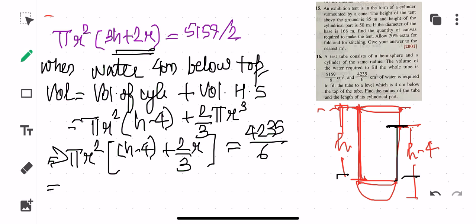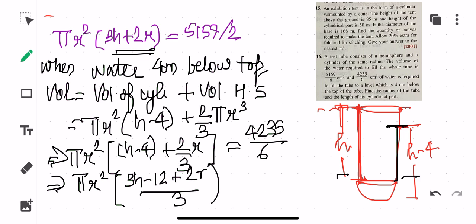So this implies, if you take the LCM, children, pi r square, and here 3h minus 12 plus 2r divided by 3 is equal to 4235 divided by 6. I'll just keep this because this is my equation number 1.